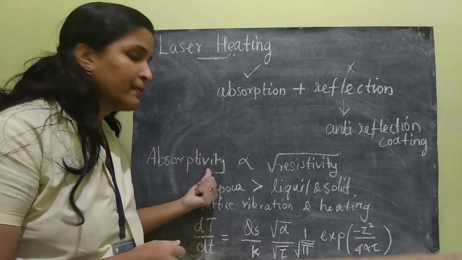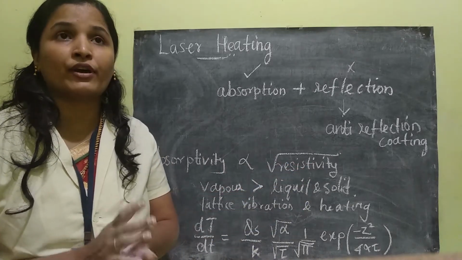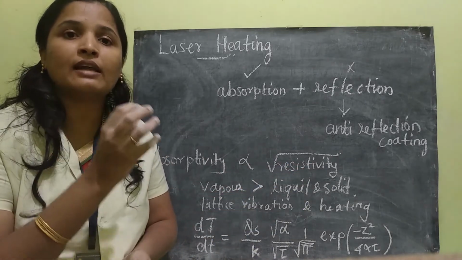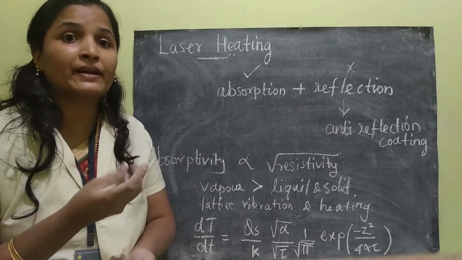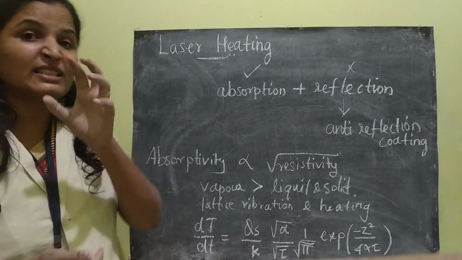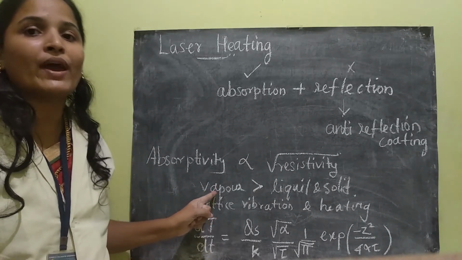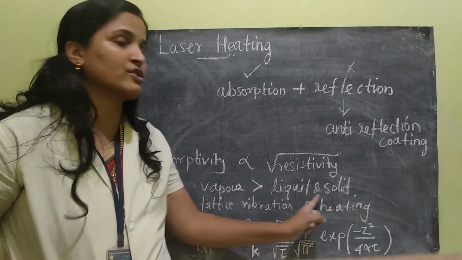This absorption is measured by a factor called absorptivity. It is directly proportional to the resistivity of the material. If the material has high resistivity, the absorptivity will be very high. This absorptivity is greater in vapor compared to liquid or solid.